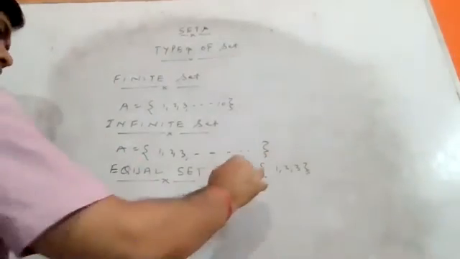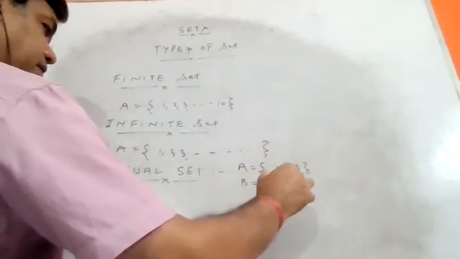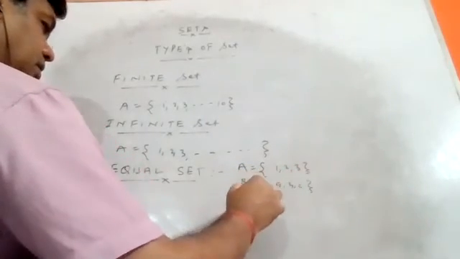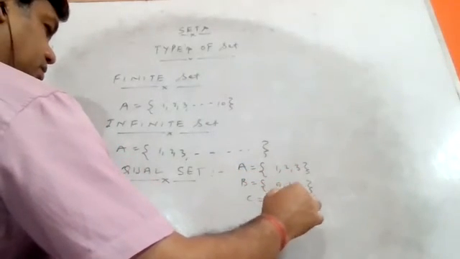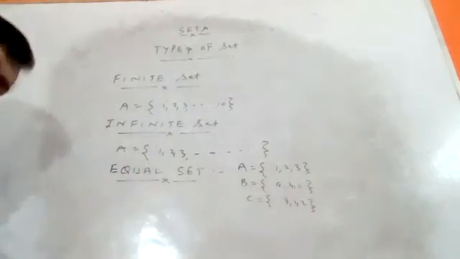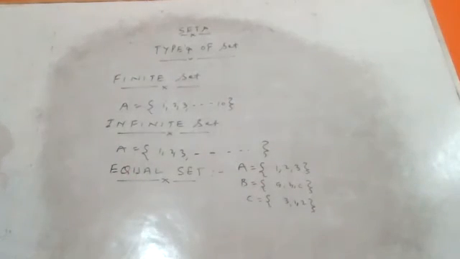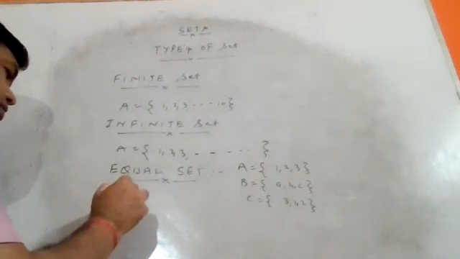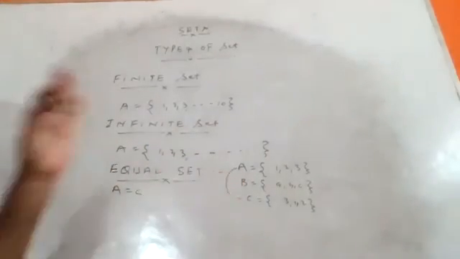Let set B contain elements A, B, and C. Let set C contain elements 3, 1, and 2. There are 3 sets. First set A: 1, 2, 3. Next set B: A, B, C, and the next one is set C: 3, 1, 2. We can say A equal to C. Set A is equal to set C.